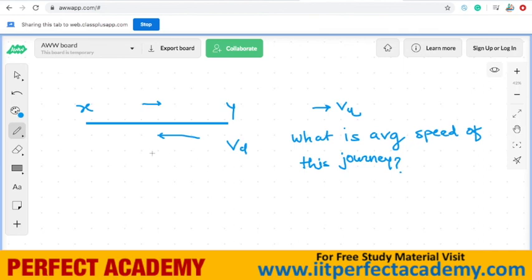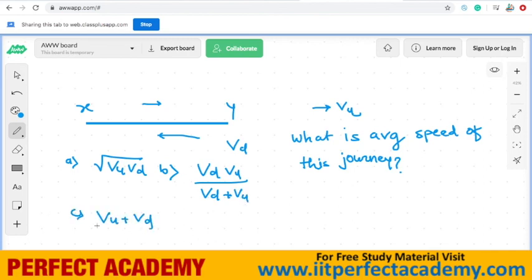Options they have given are: a, root of vu vd; b, vd vu by vd plus vu; c, vu plus vd by 2; d, 2 vd vu divided by vd plus vu.